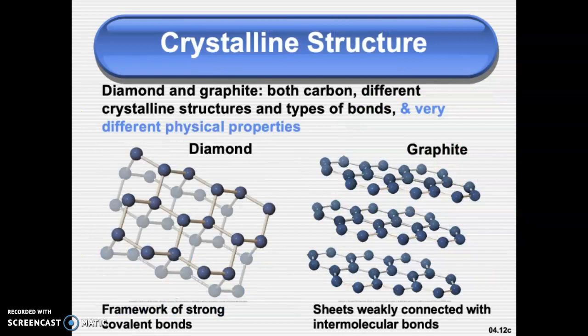If we go back to our example of diamonds and graphite, nobody would mistake diamond for graphite. Graphite is the silvery gray mineral that we use in your pencil. It is very soft. It's so soft you can scratch it off on a piece of paper, whereas a diamond would cut right through that paper. Diamonds are clear. Graphite is opaque.